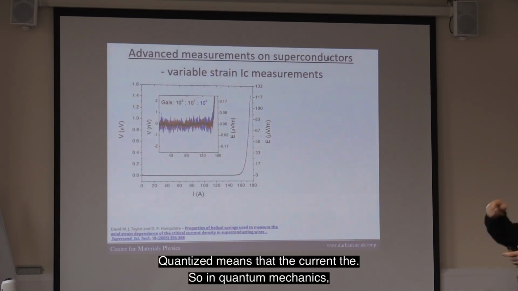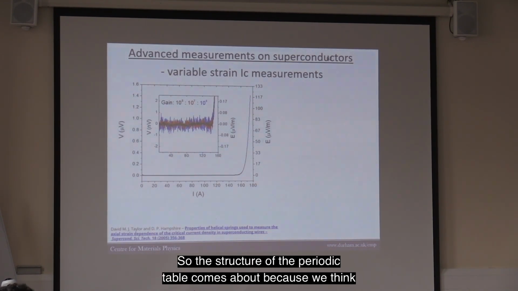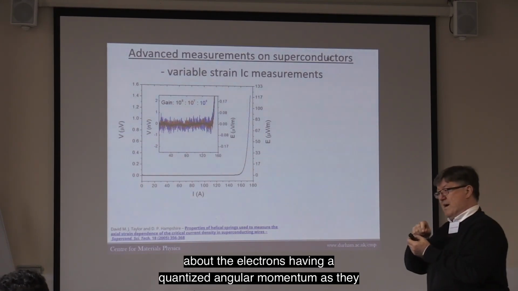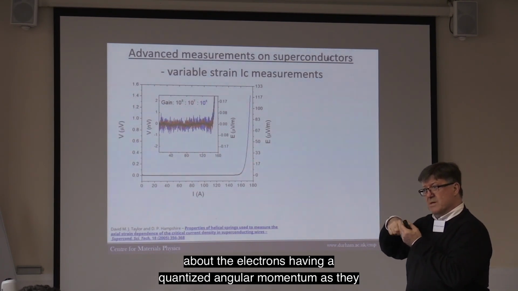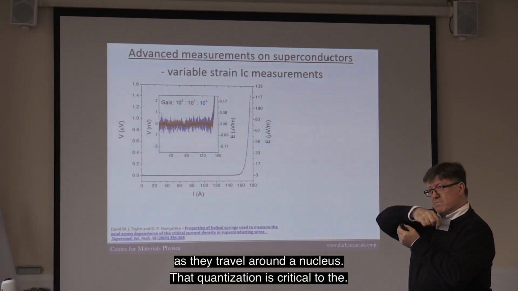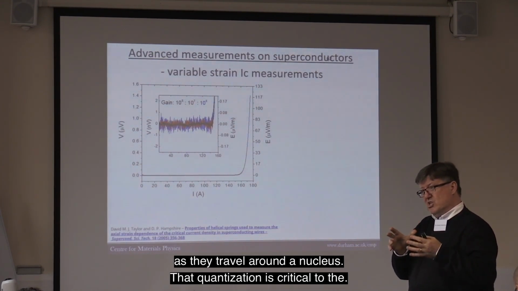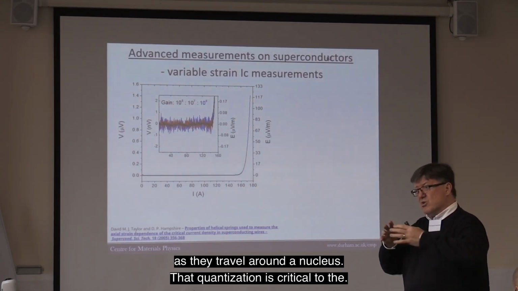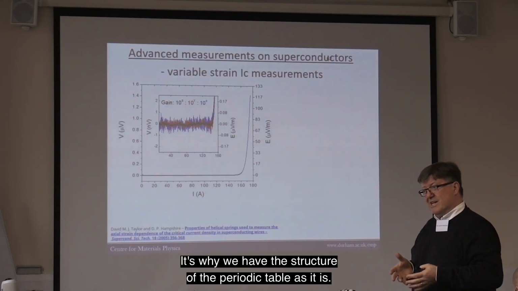Quantized means that, in quantum mechanics, of course, we quantize a whole series of properties. So the structure of the periodic table comes about because we think about the electrons having a quantized angular momentum as they travel around a nucleus. That quantization is critical, it's why we have the structure of the periodic table as it is.